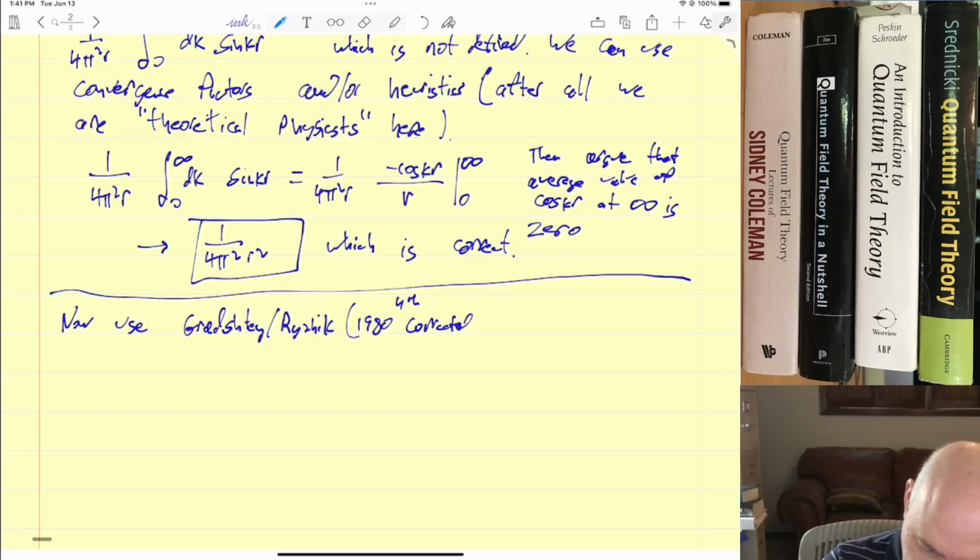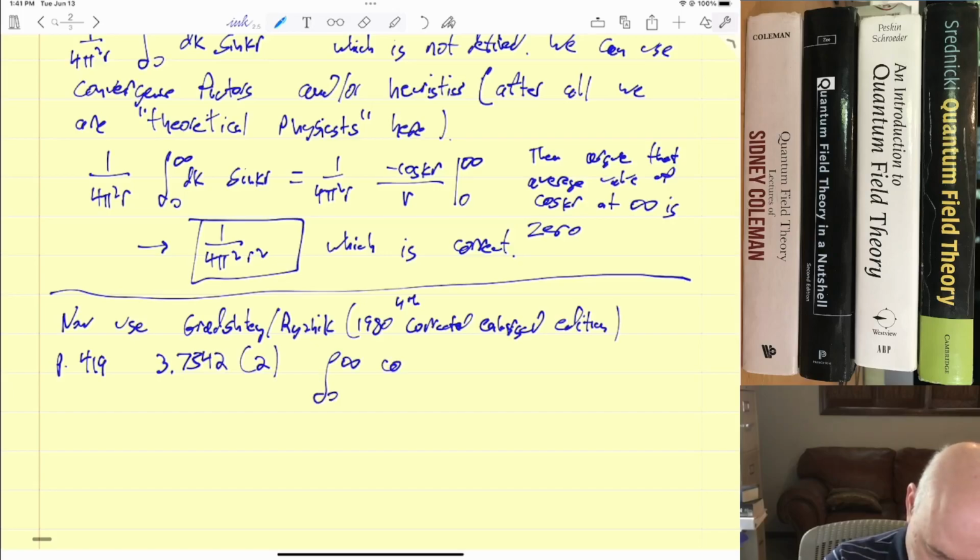It was a very cheap book. And page 419, 3.754, number 2, has a nice formula, the integral from 0 to infinity of cosine ax over the square root of beta squared plus x squared is equal to K0 of a beta.